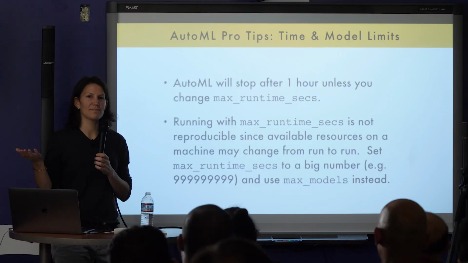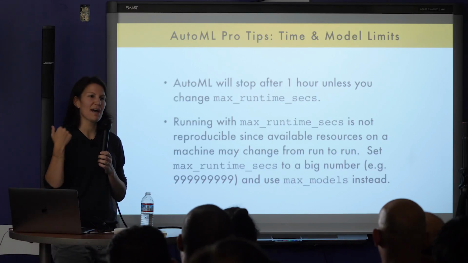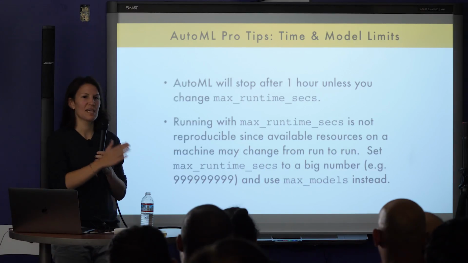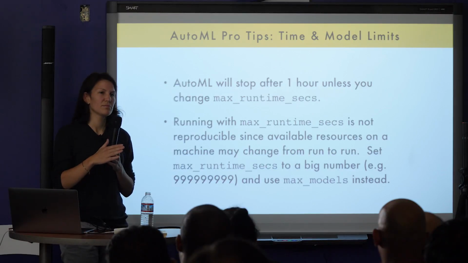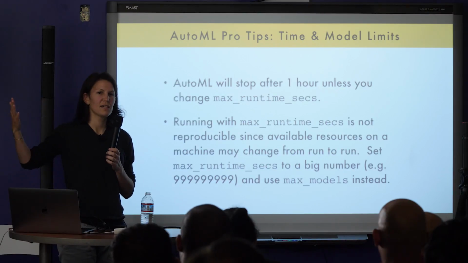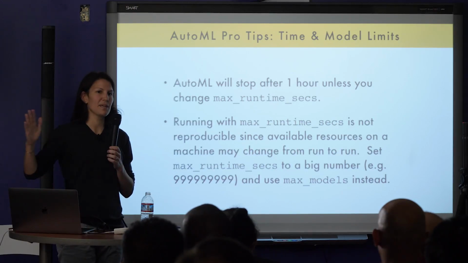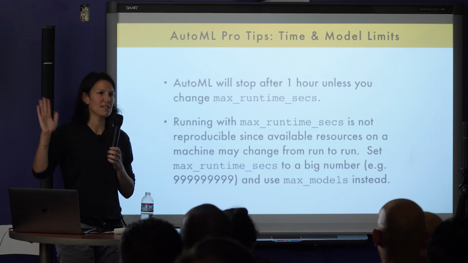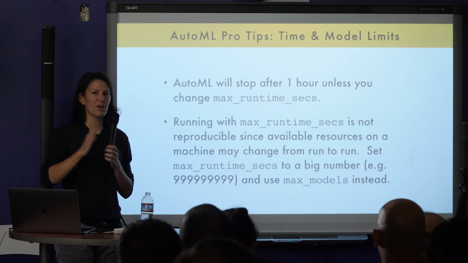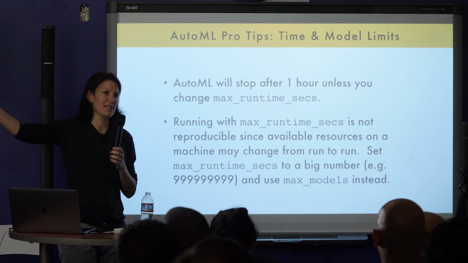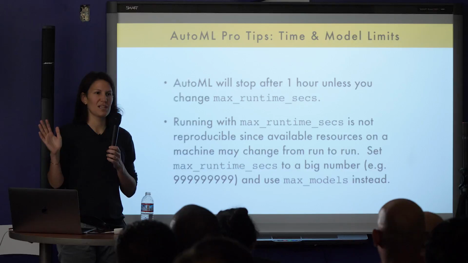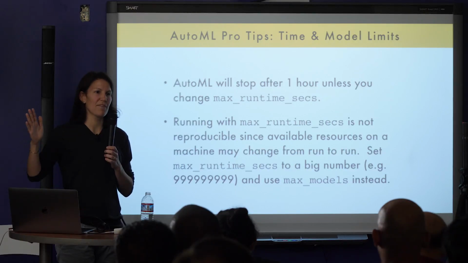So if you use the max models parameter to say only train 10 models or 30 models, and you don't change that 1 hour limit, it'll stop the first time it hits one of those two things. If you said you want it to train 100 models, but that takes 2 hours, and you don't change max runtime, it'll still stop after an hour.